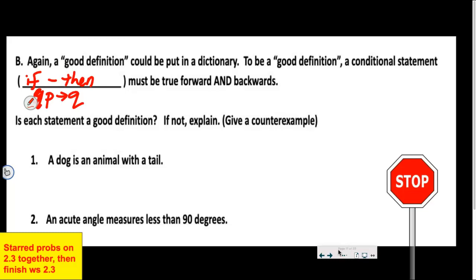So you in your head, when it says, is this a good definition? You're going to say, if an animal is a dog, then it has a tail. I'd agree with that. If an animal has a tail, then it is a dog. Not true. Okay? So is this a good definition? No. If not, explain. You could just give a counterexample. Cats have tails. It didn't work backwards. Okay? Let's go read the next one.